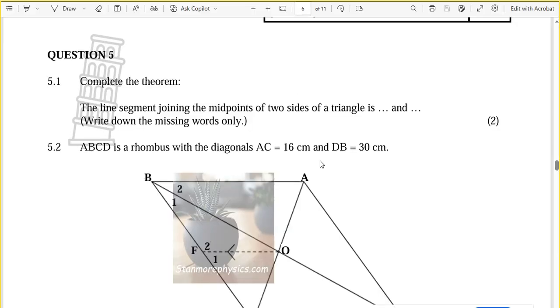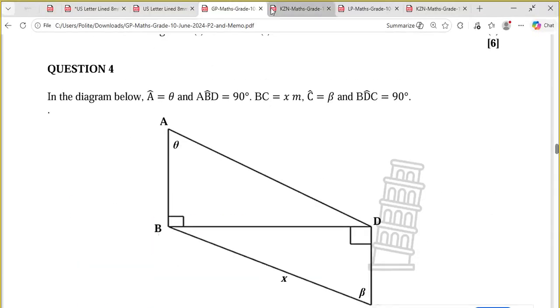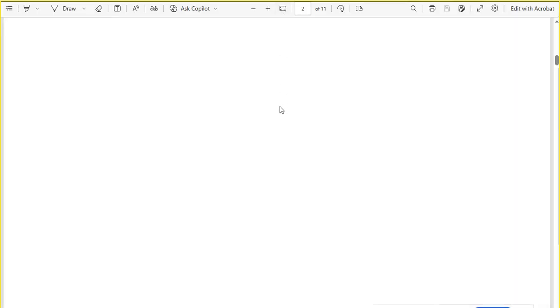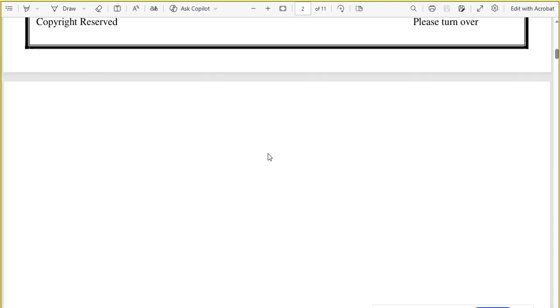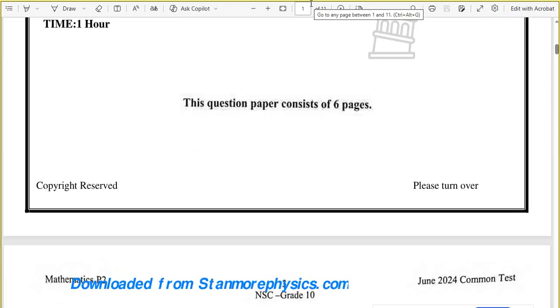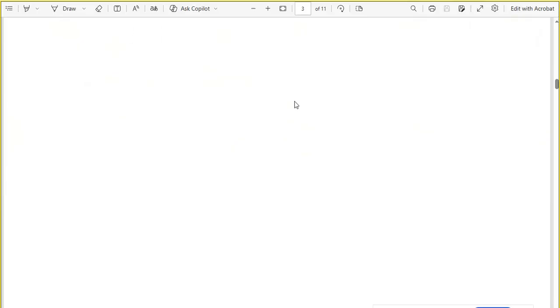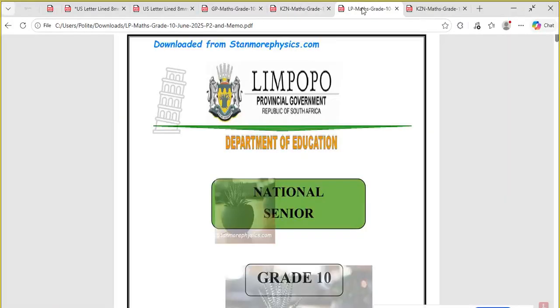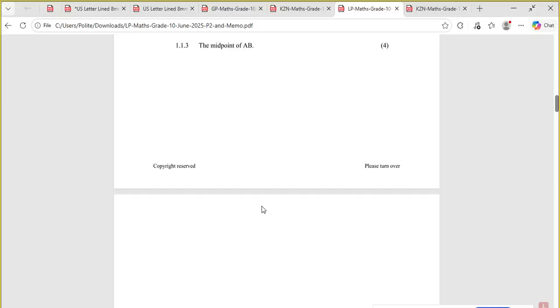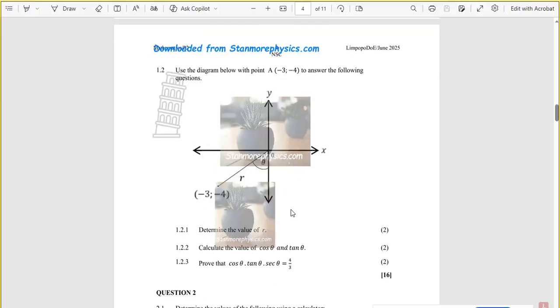Okay, some of them are just March question papers. So let me move to another question paper. This one, let me see what we have here. Look at this 1.2.